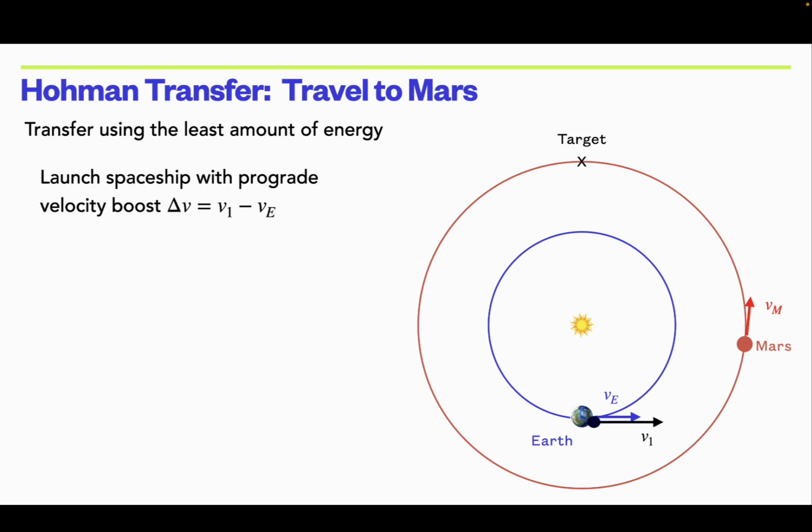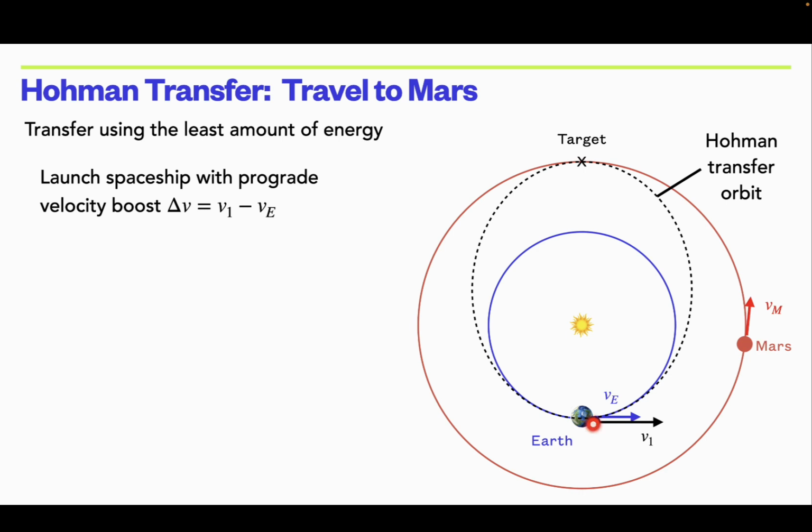So we are going to launch the spacecraft with a prograde velocity boost. That means we're launching it in the direction of the Earth's motion. So the velocity of the probe will be slightly larger than the Earth's circular velocity. And you're going to send it into an elliptical orbit. Okay, so we're going to do a little cartoon animation here.